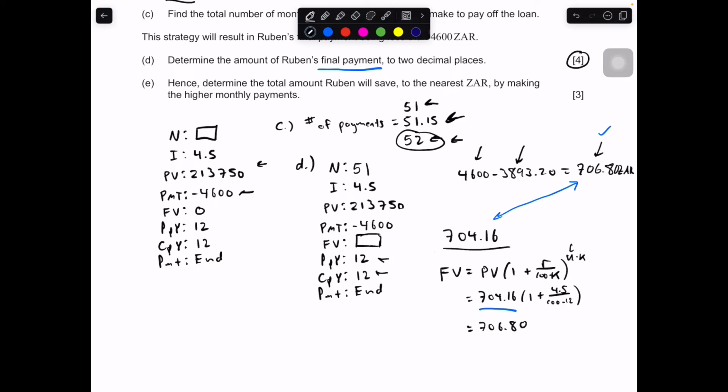This is potentially the most intuitive way, and I think it's the trap, saying, okay, 51 months, what's left that he needs to pay? But the thing is, the bank is still charging interest on the remaining amount. So even though he just has 1 month left, the bank is still charging him 4.5% over 12.